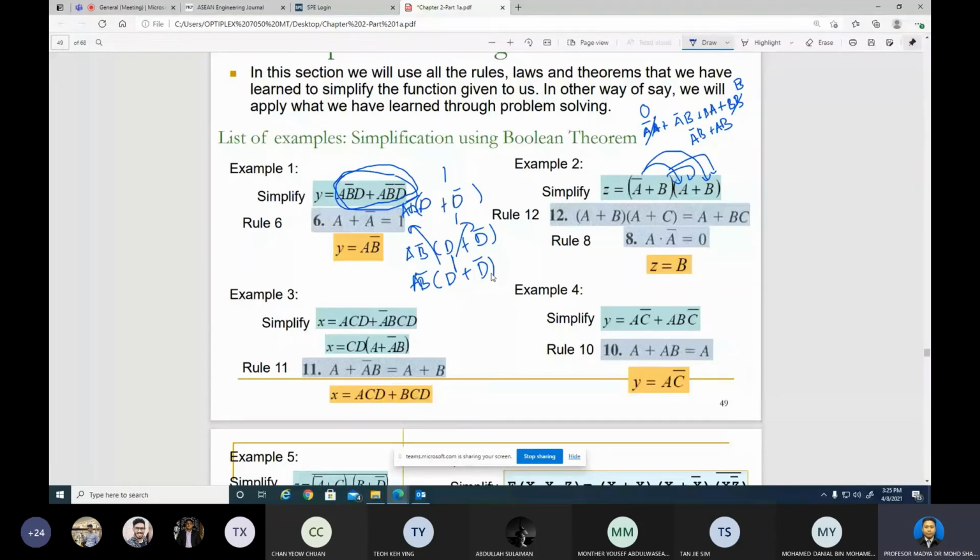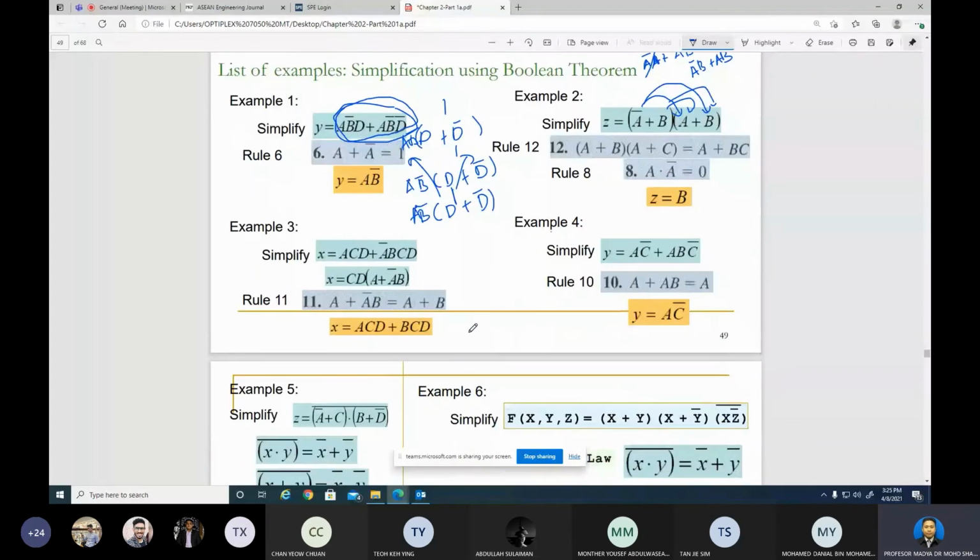Either you can go straightforward using the formula for rule number 12, or you can do it like this. For example, let me show another example. Example 3: A C D plus A bar B C D. Which one can you simplify?